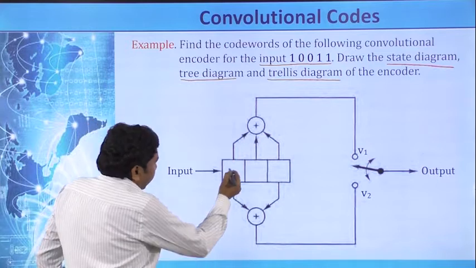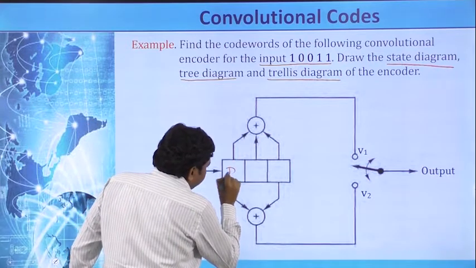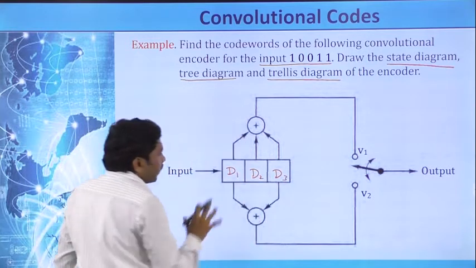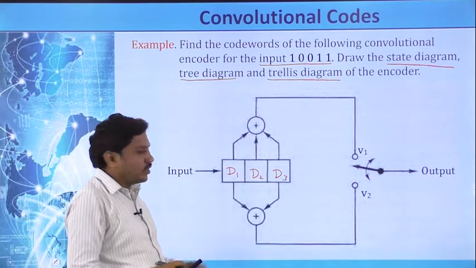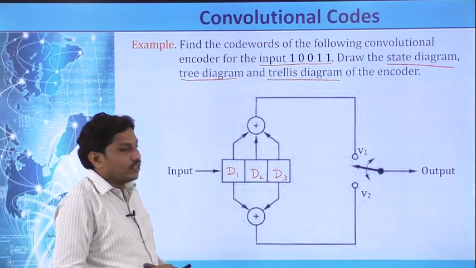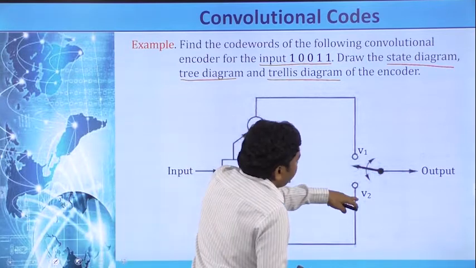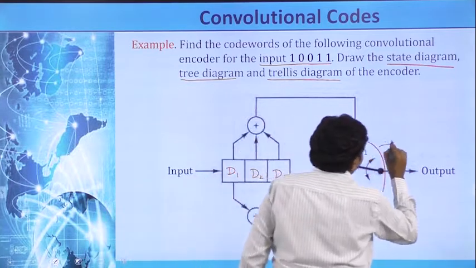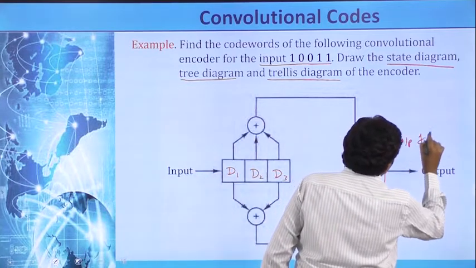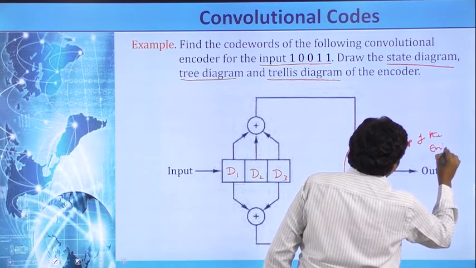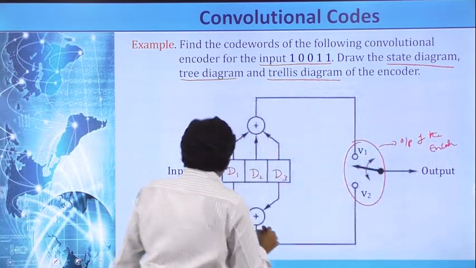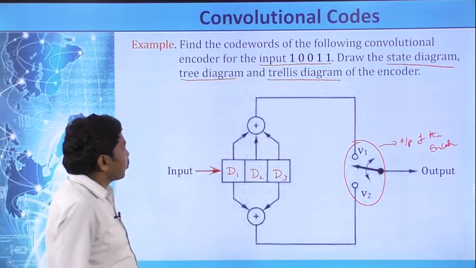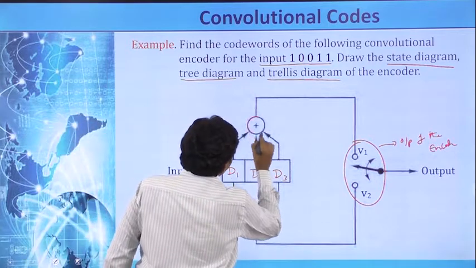Here I am assuming this one is D1, this one is D2, this one is D3. So here three shift registers are there. So D1, D2, D3. Here V1 and V2 are the outputs of the encoder. So these two are the outputs of the encoder. Okay. So here we are applying the input bits. So these two are the modulo two adders.